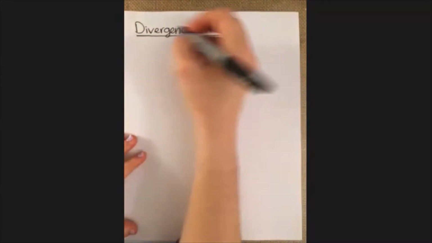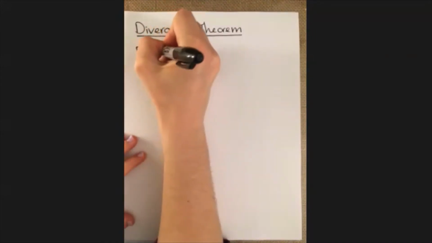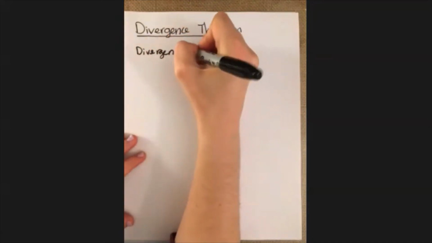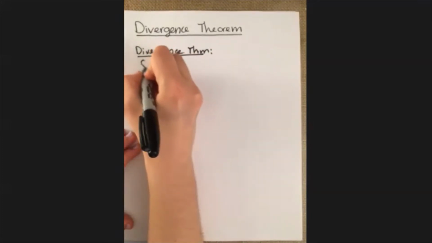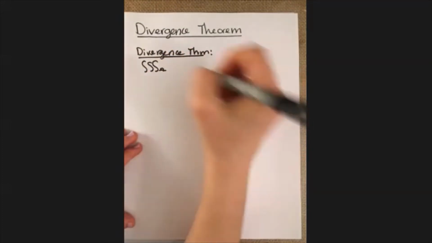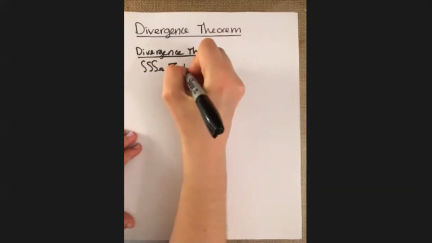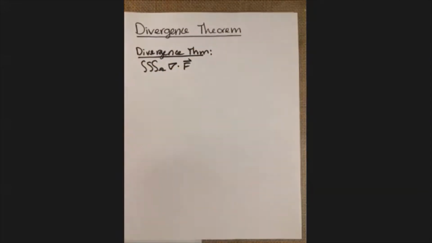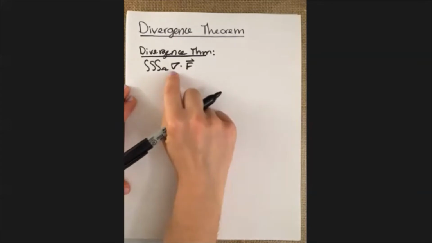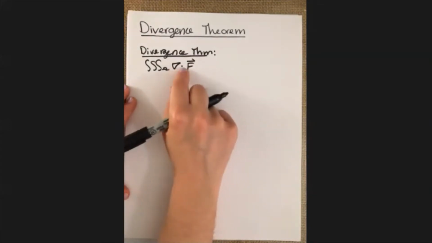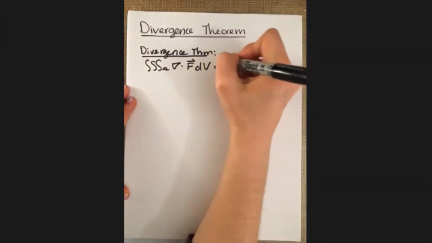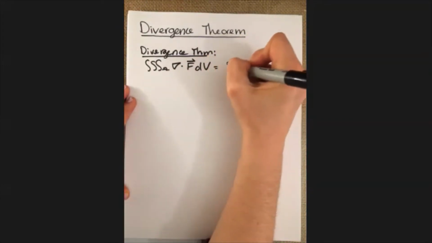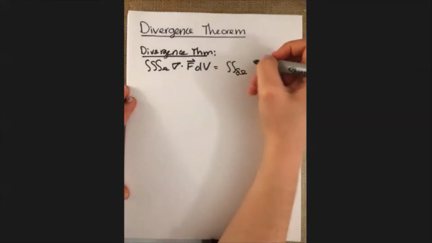In particular, what the divergence theorem says is that if we have a triple integral of the gradient operator dotted with our vector field, which really is just a notion of how much our vector field is changing at a point, and then integrate that over a volume, then this is equal to a double integral over the boundary of the surface or the volume that we're looking at, F dot dS.